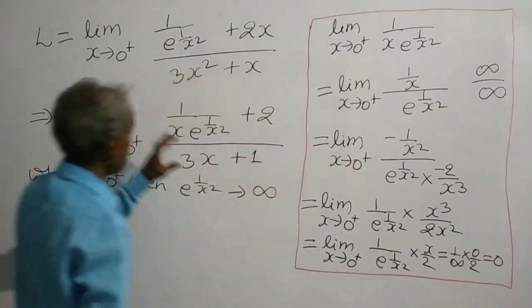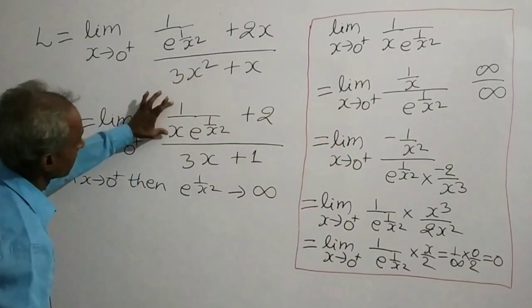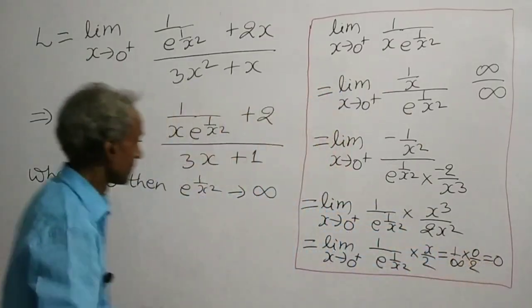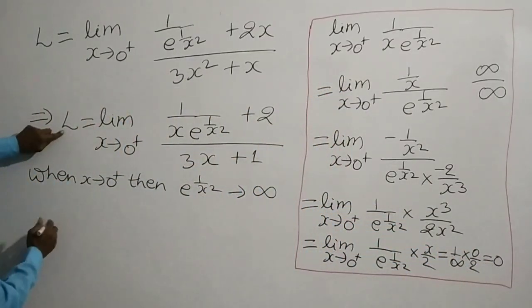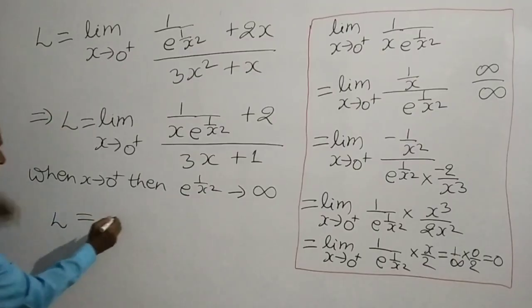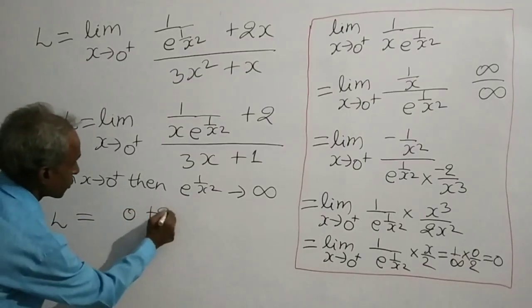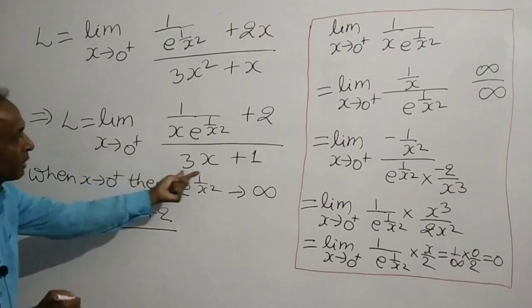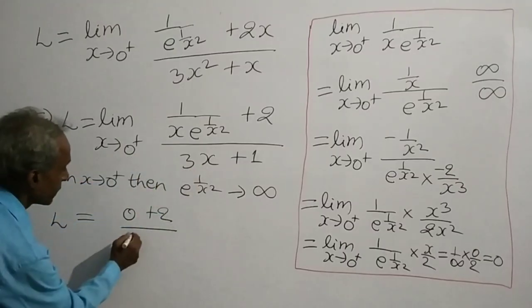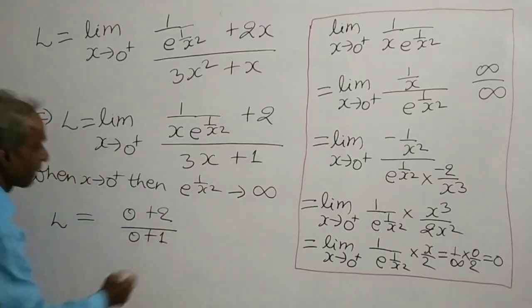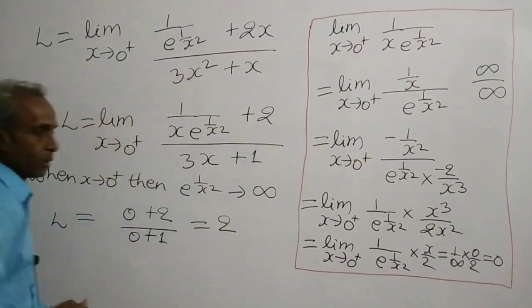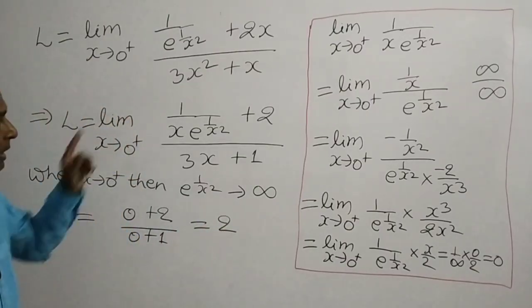That means limit of this part will be 0. Therefore, L will be equal to 0 plus 2 by, when x tends to 0, 3x tends to 0 plus 1, that is equal to 2. Now solution is complete.